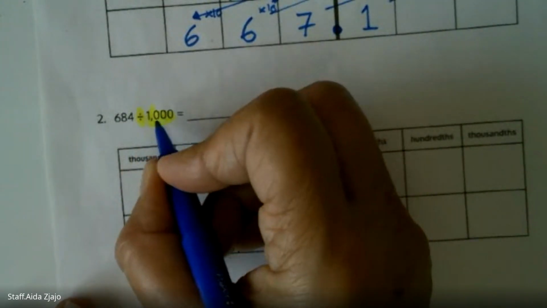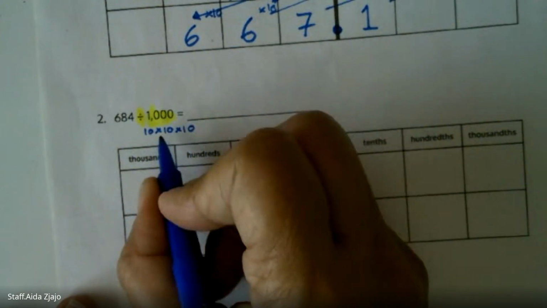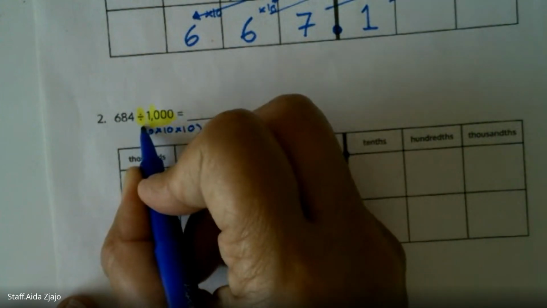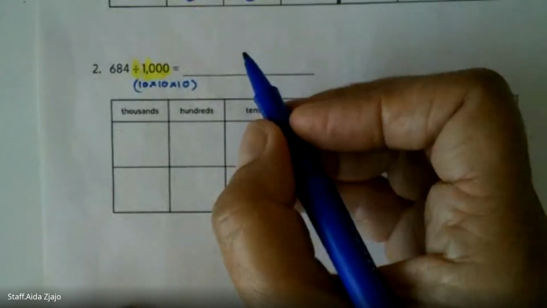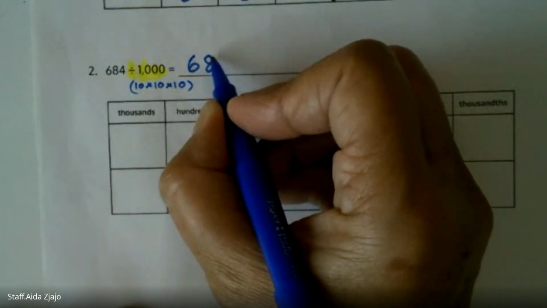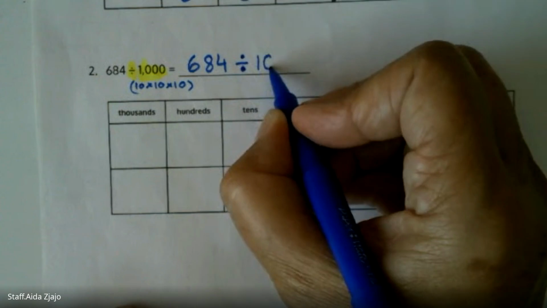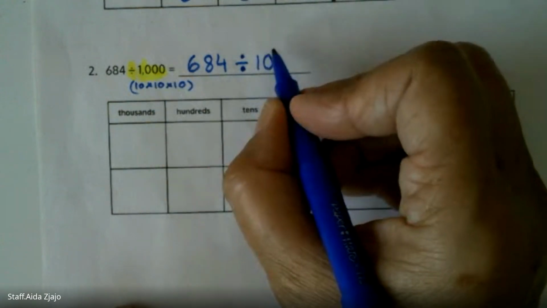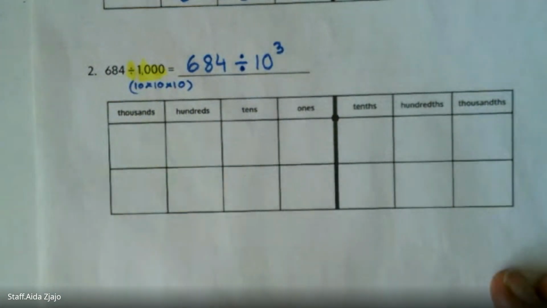Again, 1,000 means 10 times 10 times 10, which is 10 to the power of 3. So this also could be written as 684 divided or shared into 10 to the power of 3. Okay, 1, 2, 3, 10 to the power of 3.